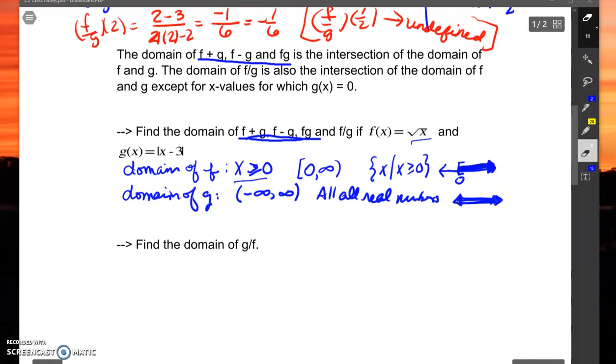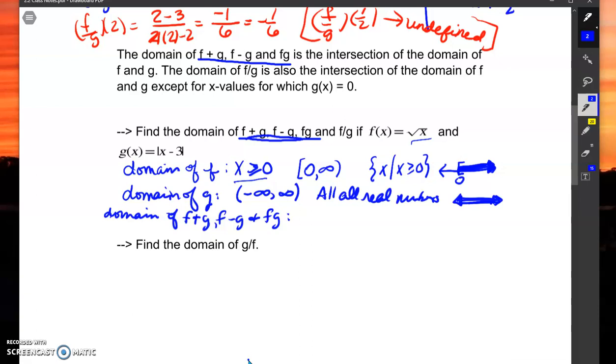Okay, so let's start with this first part. Find the domain of f plus g, f minus g, and fg, because we know those are the same. So to find the domain, up here in our definition, the domain of f plus g, f minus g, and fg is the intersection of the domains of f and g.